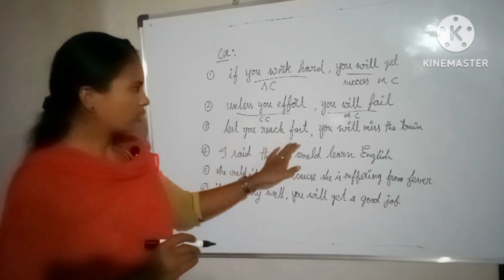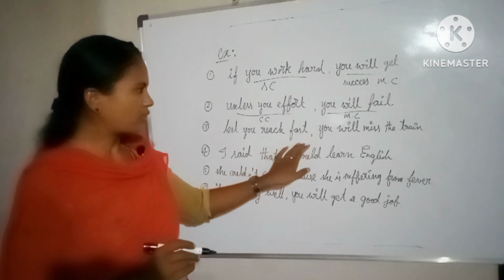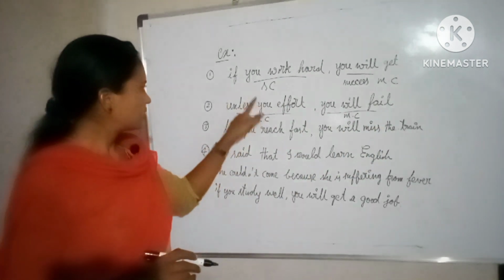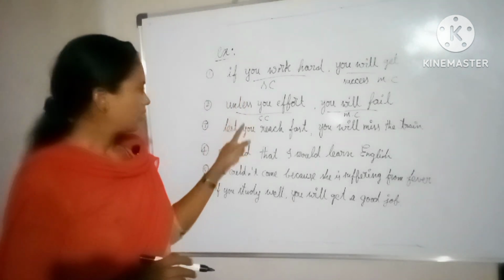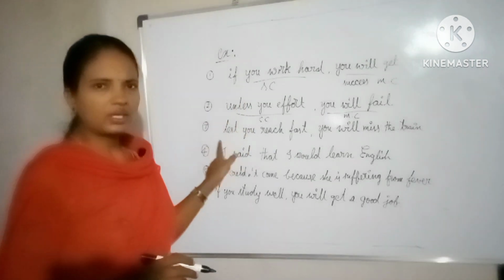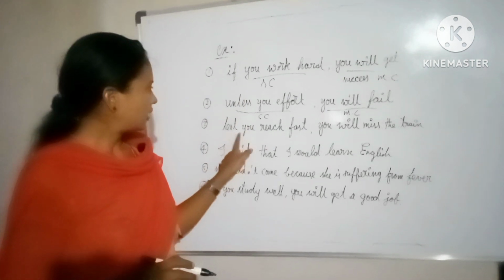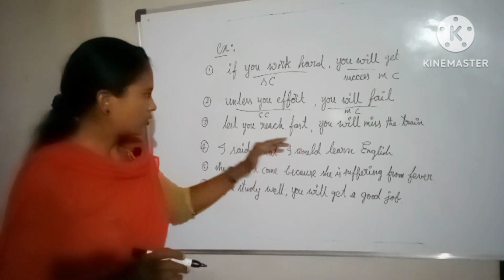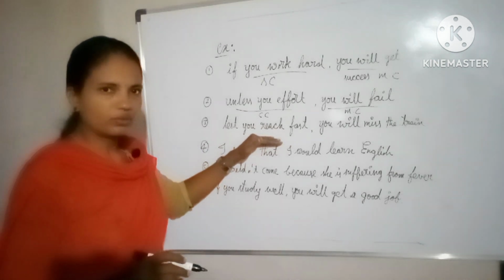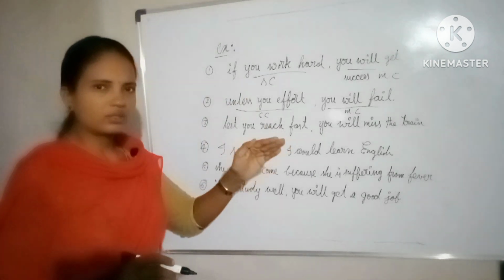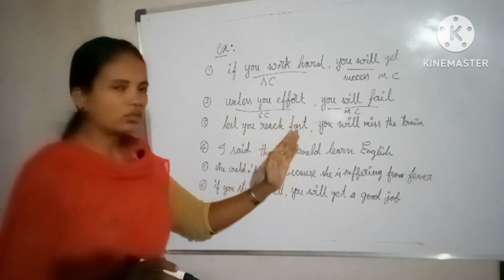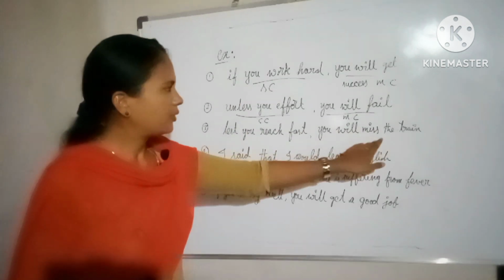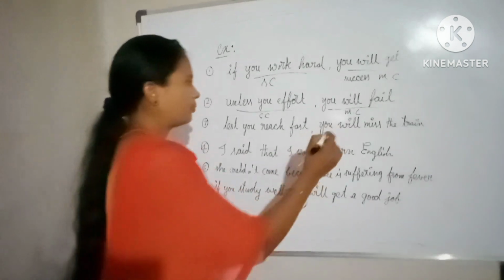So here, lest you reach fast, you will miss the train. So here, unless is a negative word, and lest also is a negative word. So this sentence is showing negative. It means if you don't reach fast, you will miss the train.